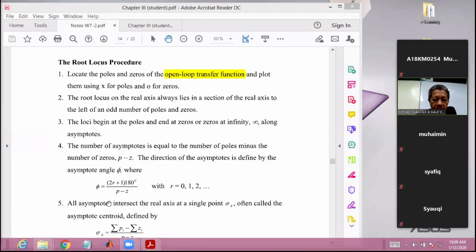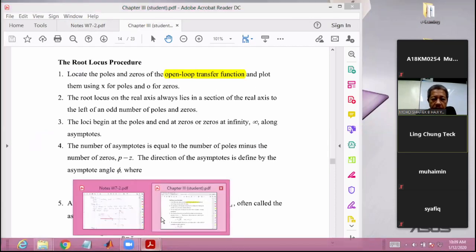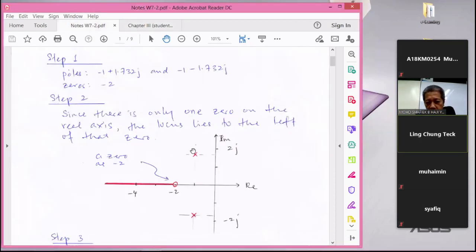And then if you go to step 3, the loci begin at the poles and end at zeros or at infinity. So our locus is going to start from these 2 poles, and one of them is going to end up at this zero at -2, and another one is going to end up at infinity.